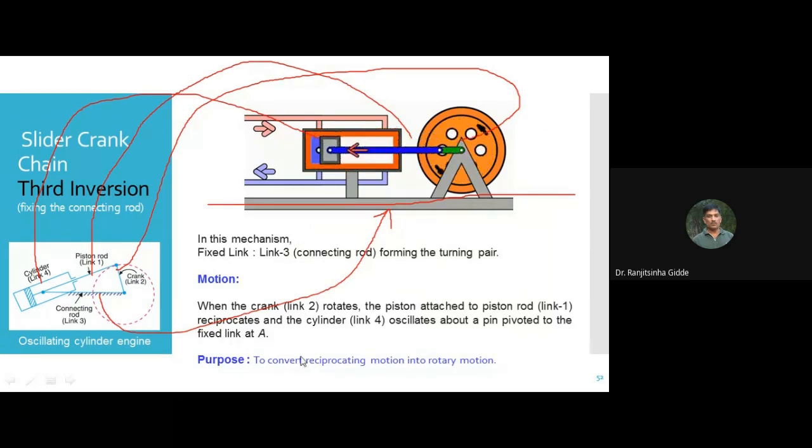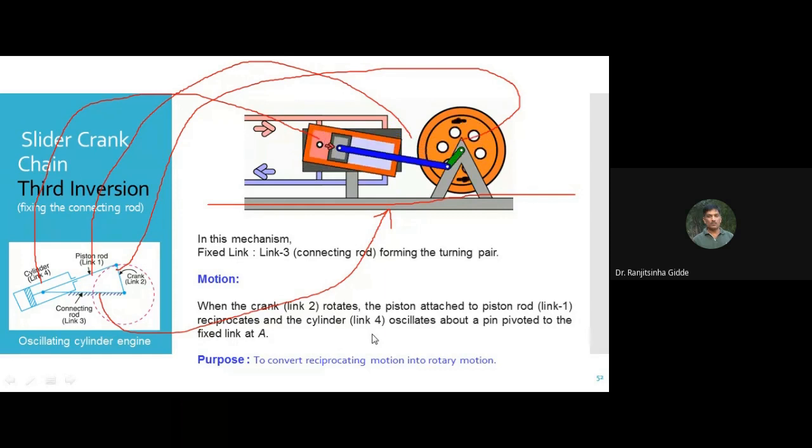Right? When crank 2 rotates, the piston attached to the piston rod, this blue one is the piston rod, reciprocates. This piston rod reciprocates in what? In this cylinder, right?